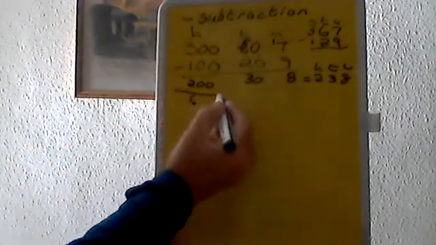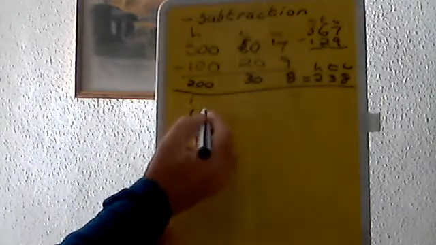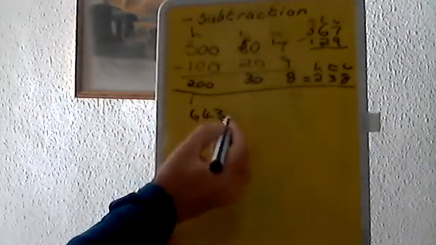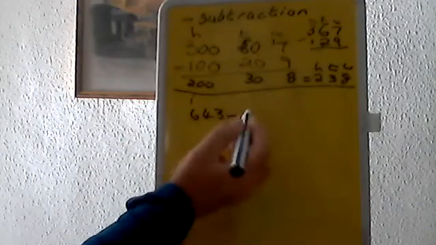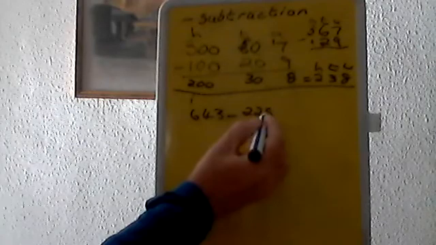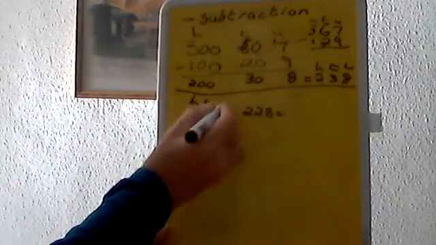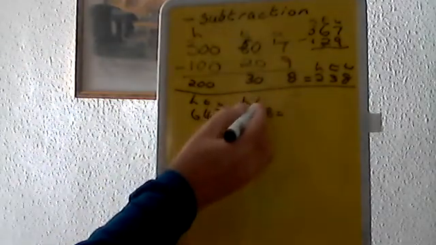643 minus 228 equals. Put my hundreds, tens, units, hundreds, tens, units.